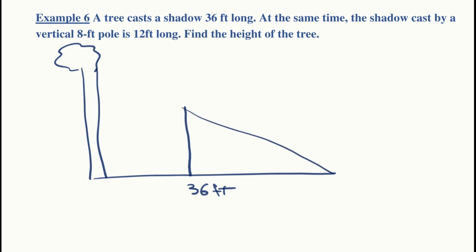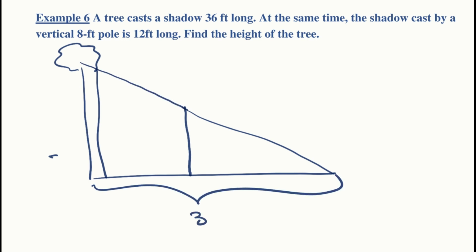So we know that this here is 36 feet, right? Again, not drawn to scale. That part is 12 feet, right? And we want to know the height of the tree, so this h here is our unknown, like that.